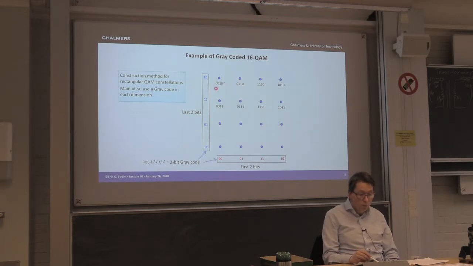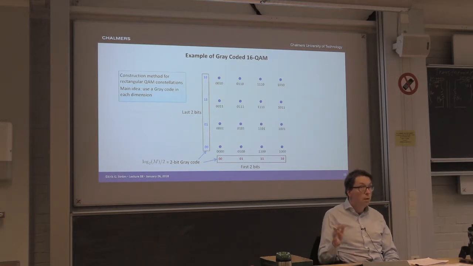Right? So from 0, 0, 1, 0 to 0, 0, 1, 1, we only change 1 bit. Here only changes 1 bit, only 1 bit, only 1 bit. Okay, and then we just fill out the rest. And boom, we have a 2-dimensional gray code. So that was not very hard, actually.